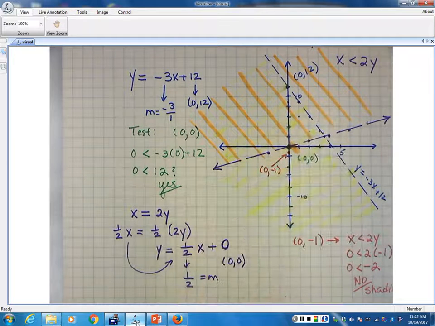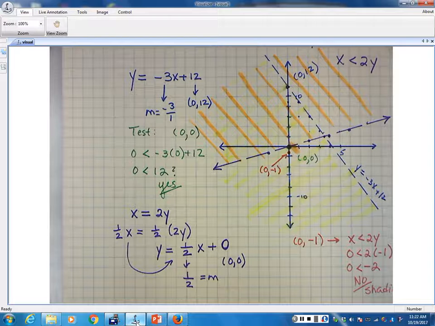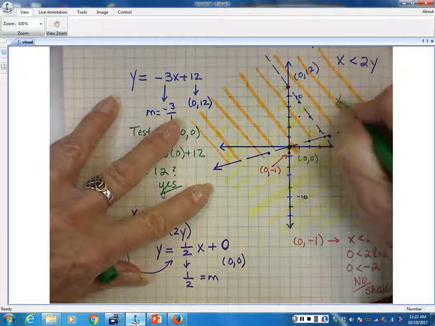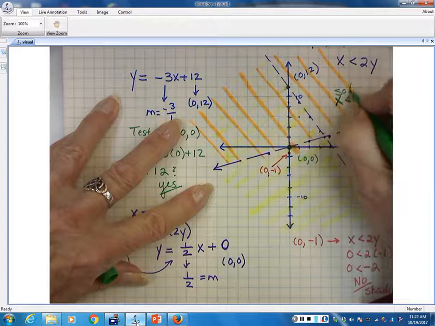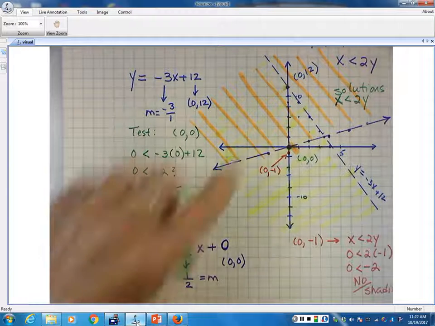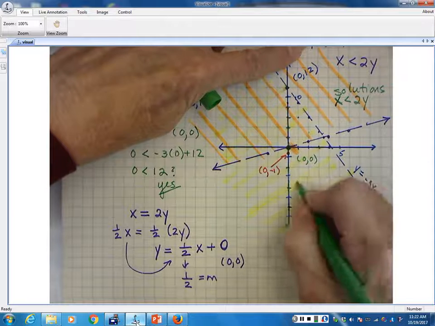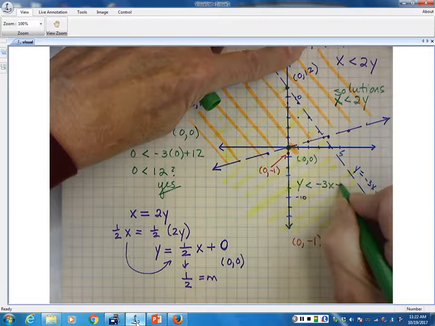Now, all of that orange solves x minus 2y, or x is less than 2y. And all of this yellow solves y is less than negative 3x plus 12.